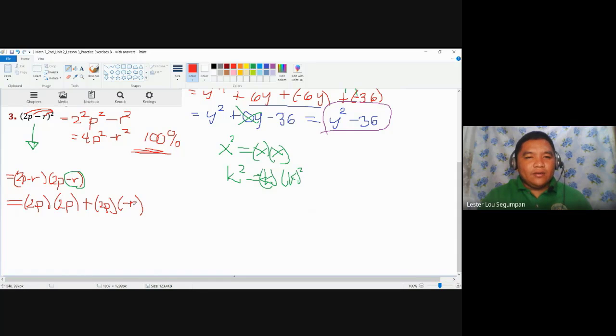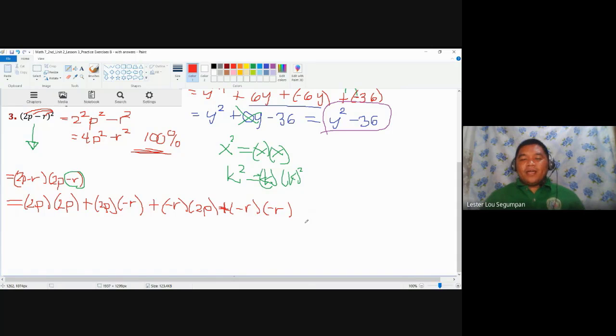Let me separate it properly, and use the plus as a separator. Inner is negative r times 2p. And then the last terms, you have negative r times negative r. This is plus.